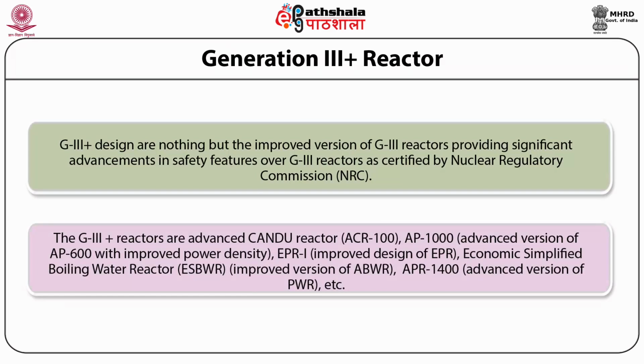The G3 plus reactors are advanced CANDU reactors ACR100, AP1000, an advanced version of AP600 with improved power density, EPR, the first improved design of EPR, economic simplified boiling water reactor ESBWR, an improved version of ABWR, APR 1400, an advanced version of PWR, etc.